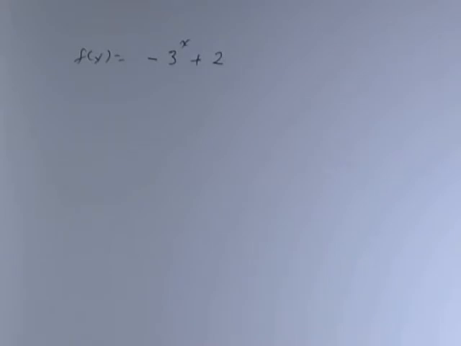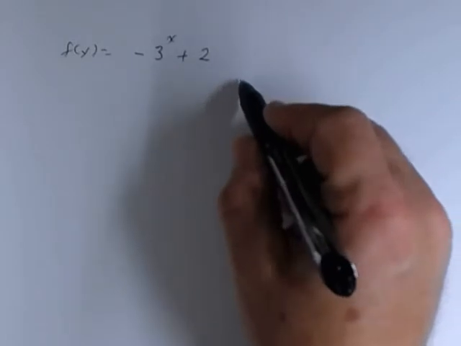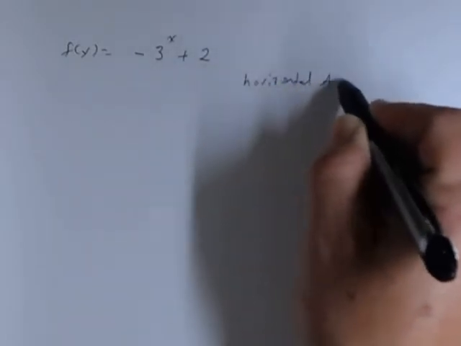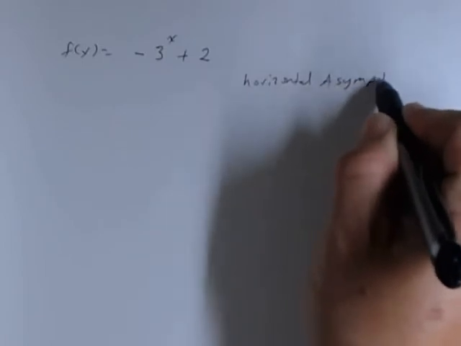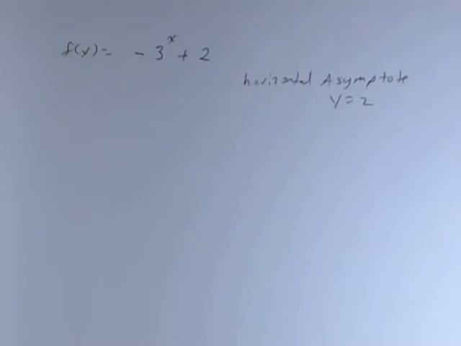All right, so what is the horizontal asymptote? Okay, don't say 2 though. You gotta say y equals 2. And is the graph above or below the horizontal asymptote?